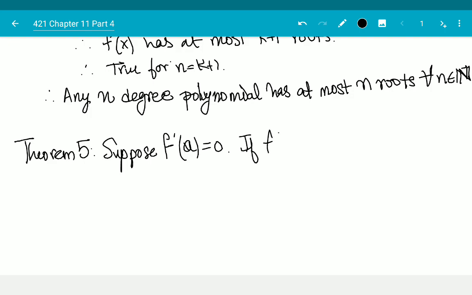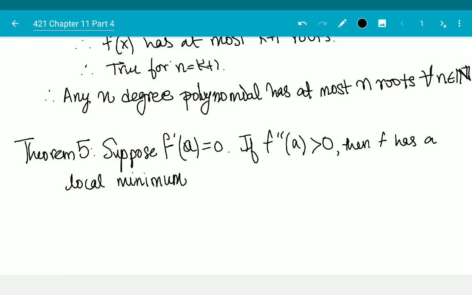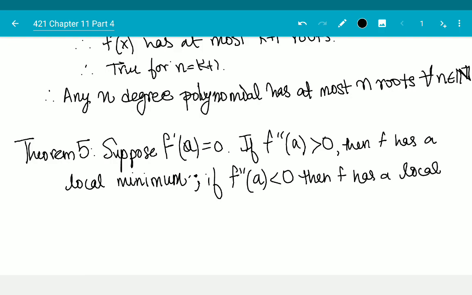If the second derivative f double prime of a is greater than 0, then f has a local minimum. And if f double prime of a is smaller than 0, then f has a local maximum at a.